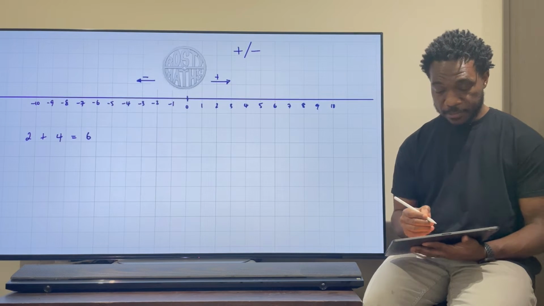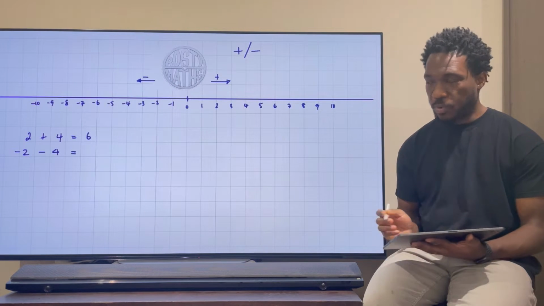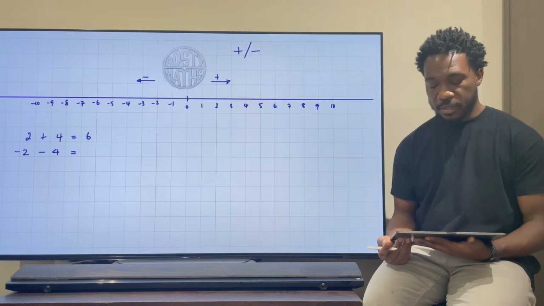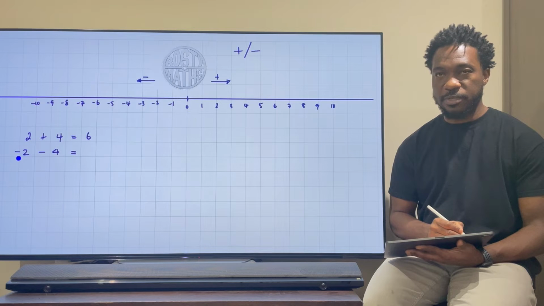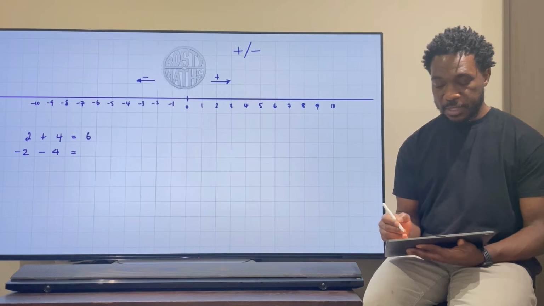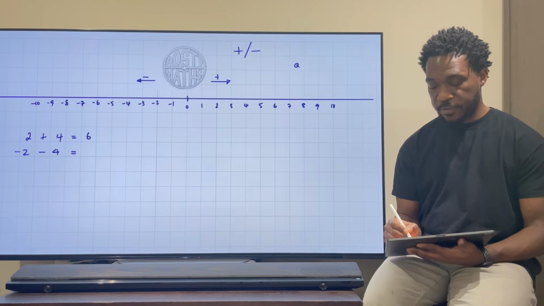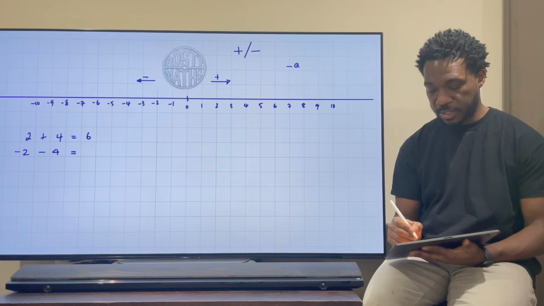What about if I'm on -2 and I take away 4? What would that mean then? Well, notice when I say -2, I put a minus in front of the 2. So in other words, if you see a number by itself with a minus in front of it, you say this is a negative number.